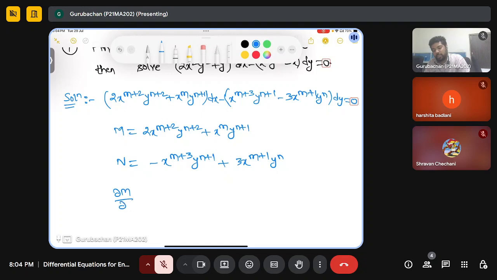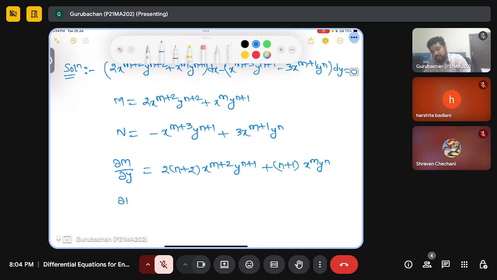So del M by del y will be equal to 2(n plus 2) y to the power n plus 1 plus n plus 1, and del N by del x will be equal to minus 3(n plus 3) x to the power n plus 2, and this will be (n plus 1) to the power n y to the power n.